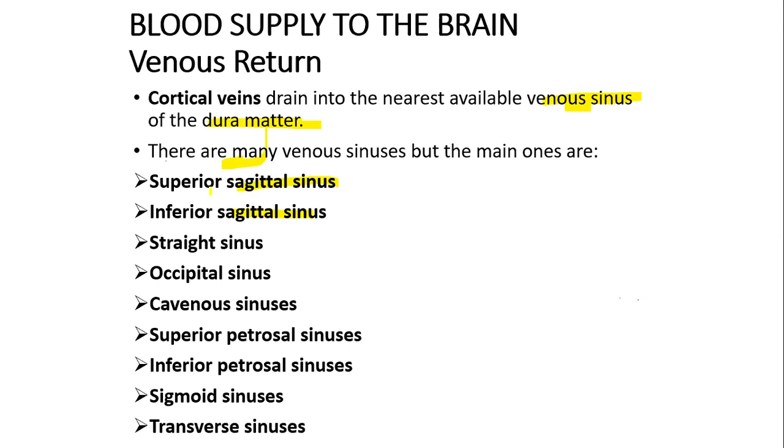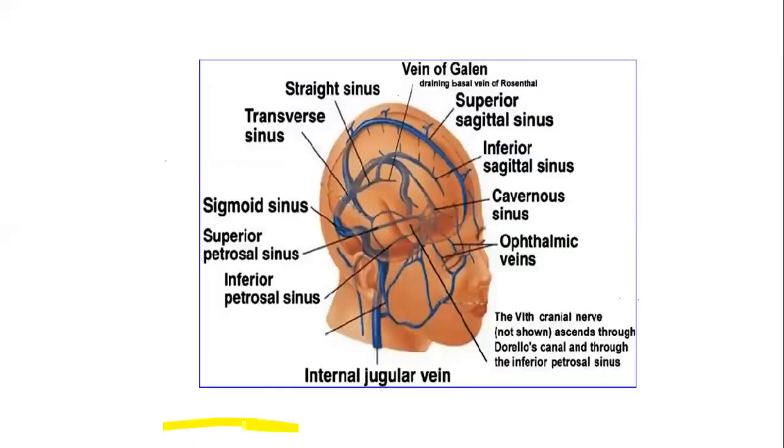Then the cavernous sinus. Then the superior petrosal sinus. Then the inferior petrosal sinus. Then the sigmoid sinus. Then the transverse sinus. As you can see here, there's the straight sinus.